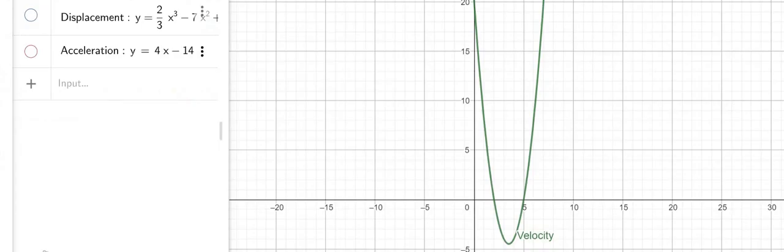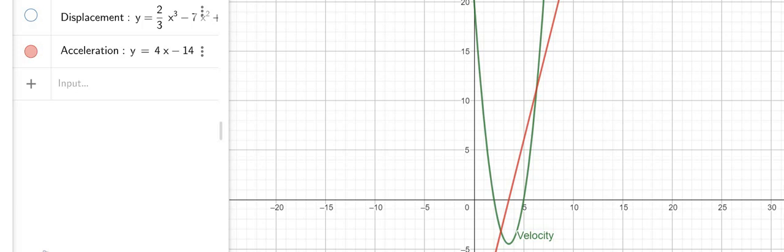If I include the acceleration curve, you can see that the root for that is here. Or we could have thought, if I've got the roots of 2 and 5, the root of the acceleration has to be halfway between, because that is my turning point.